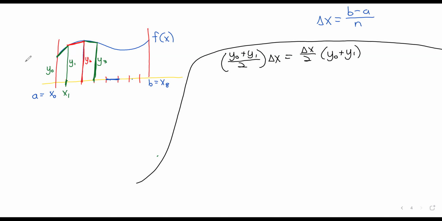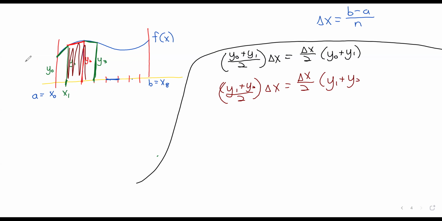And what about this second trapezoid? What's y1 plus y2 all divided by 2 times delta x. So delta x over 2 times y1 plus y2.